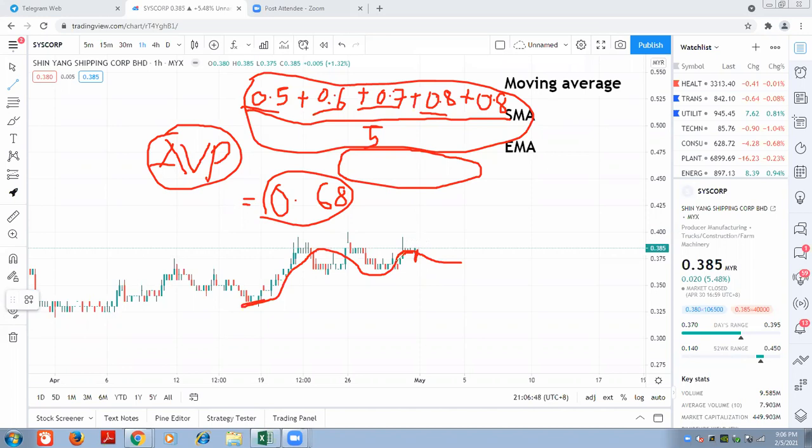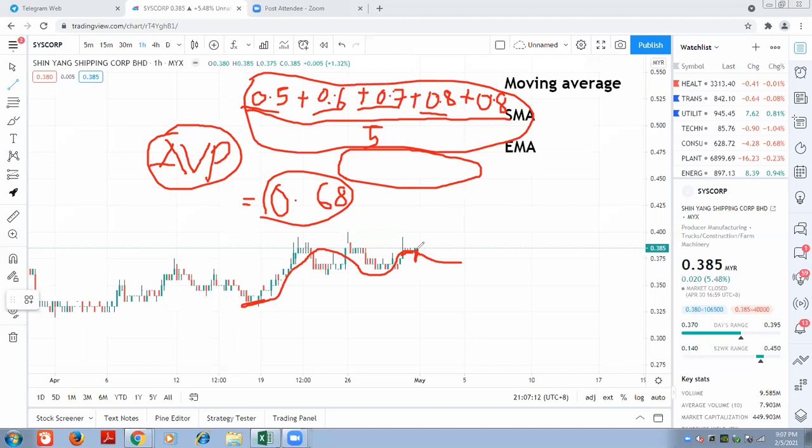So when you see the line inside the candle, it means the current price is still within the average. Maybe nothing has changed, and it's hard to change. That's the concept, because it's not out of normality, not out of the average.